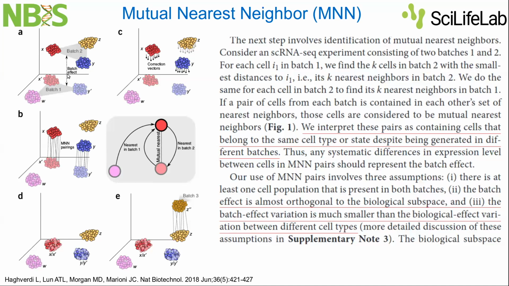And that's a huge assumption. But this is how it works. So you believe that those two, nearest neighbors across batches, should belong to the same cell type. And making this assumption, you are saying, okay, they should be placed in the same cluster, but they're not. So this separation is artificial. Let's remove this separation. Let's renormalize all the distances here.